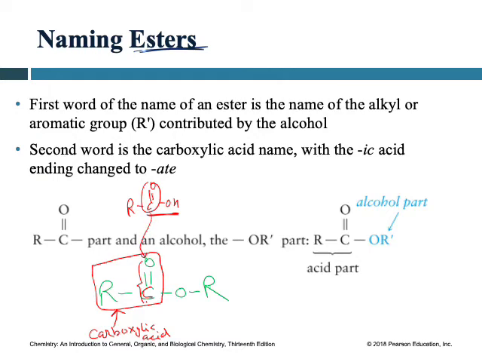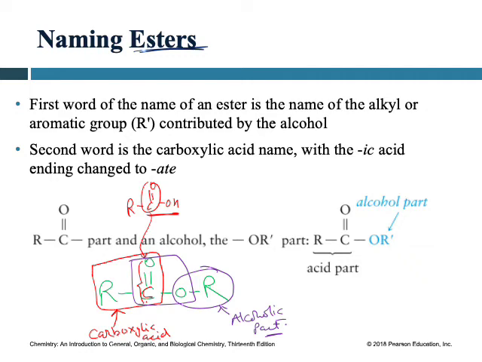And then this OR part comes from the alcoholic part. That's how you make an ester bond over here. So in an ester compound you have a mixture of compounds. One group comes from carboxylic acid, another group comes from the alcoholic part. So we have to use this information to name an ester compound.